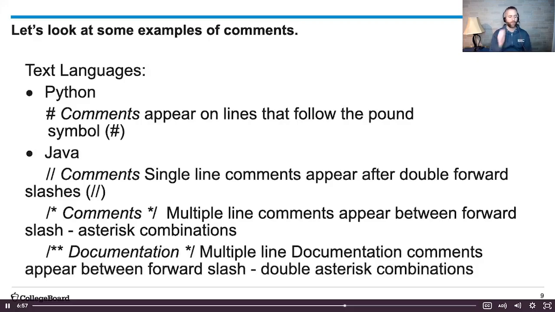Or documentation comments, right? And so that could be multiple line documentation comments that appear with a forward slash and then a double asterisk. And then at the end of the documentation comments, you would have an asterisk with another forward slash. All right. So those are 2 common text languages, but then let's look at a couple others.